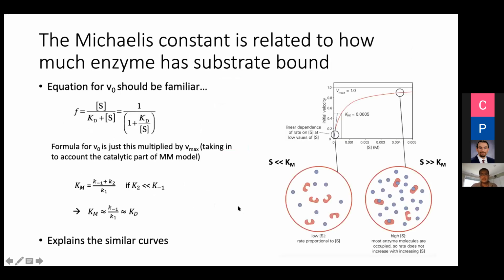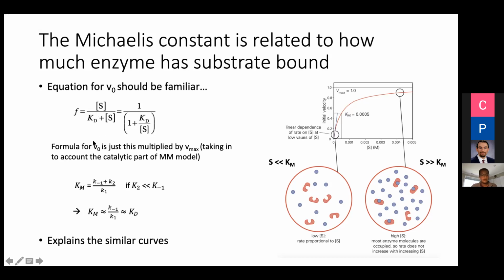Now moving on, I mentioned this in the very first slide about how it's so similar to the binding isotherm. And so why is that? Well, if you look at the equation for V naught, it should be very familiar. In fact, it's almost identical to the equation for the fraction bound in binding problems. I just rewrote the fraction bound equation here.